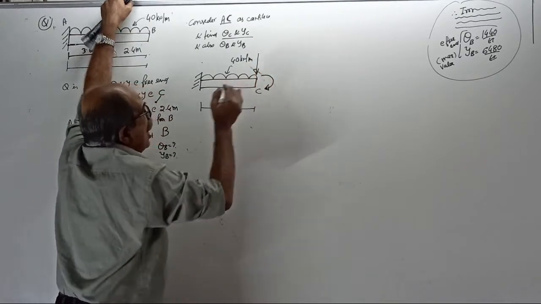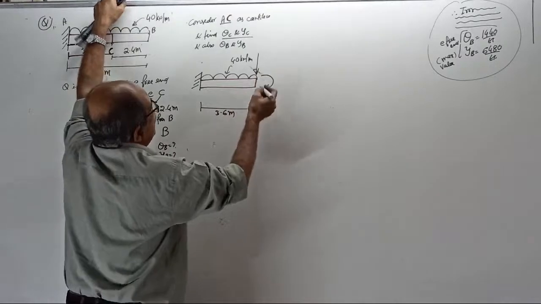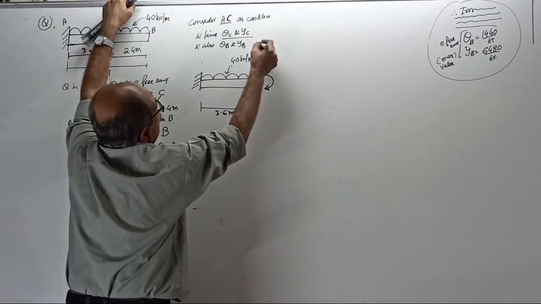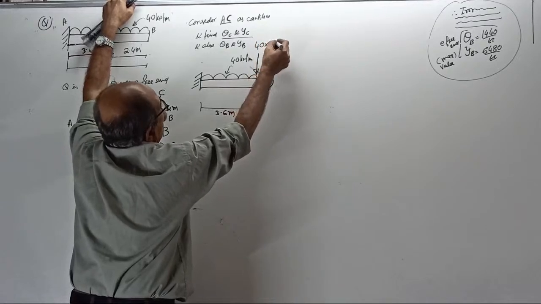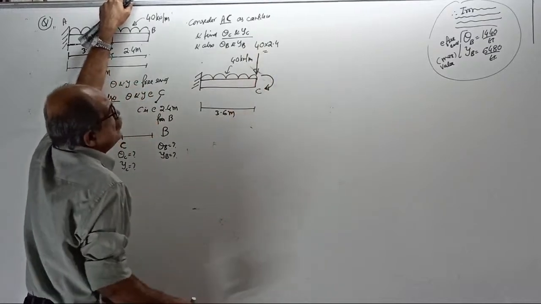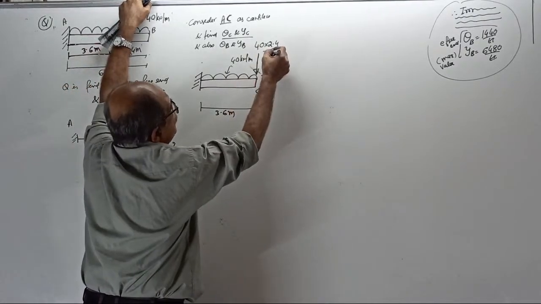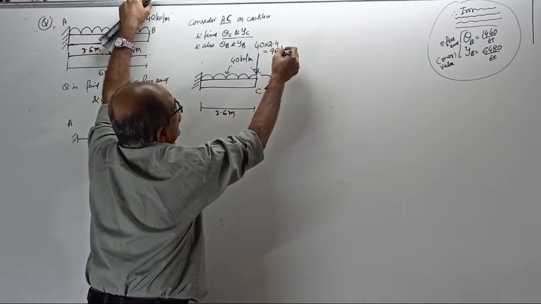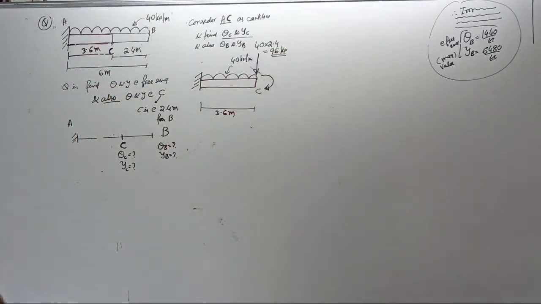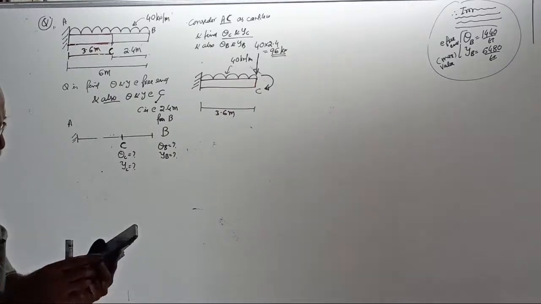This I should not explain how to get. Can anybody tell me this load? That load equals 40 into 2.4, the remaining load. Answer: 96 kN.